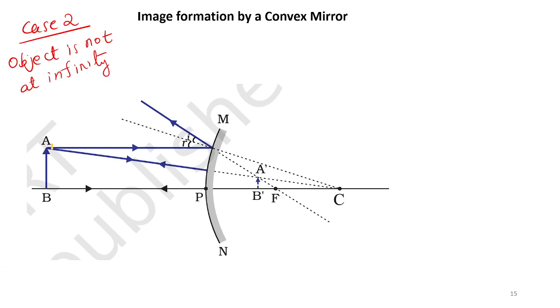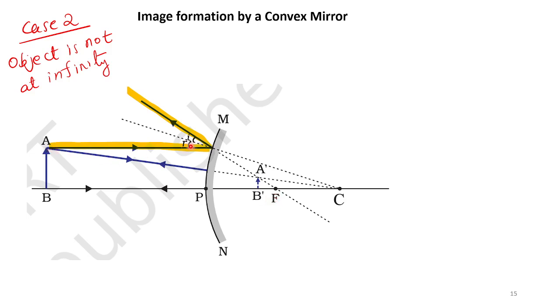The two rays I have to consider: a ray coming like this, parallel to the principal axis. We studied the rule that it will be reflected like this, in such a way that if I extend backward, it will be meeting at focus. It is rule 1.